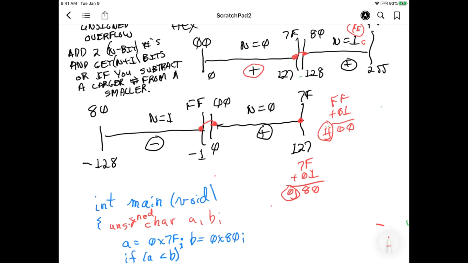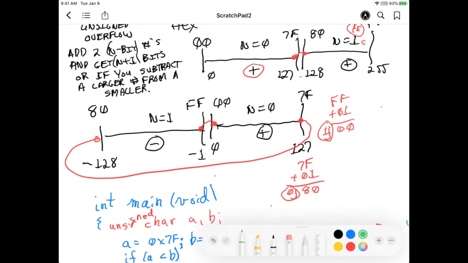It's like I've got all the money in the world, somebody gives me another dollar, and I'm $128 in the hole. This is called a signed overflow. 7F plus 1 is fine unsigned because there's no carry, so it fits within our unsigned bounds. But in this case, what kind of number do we have?